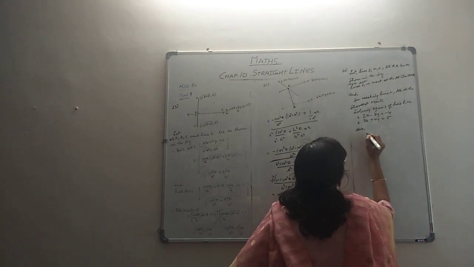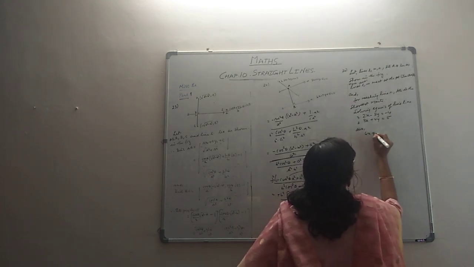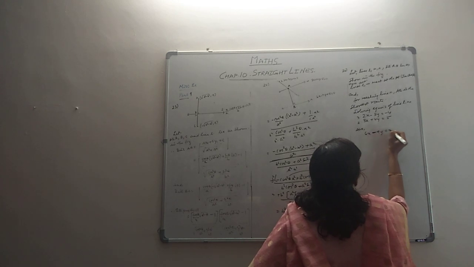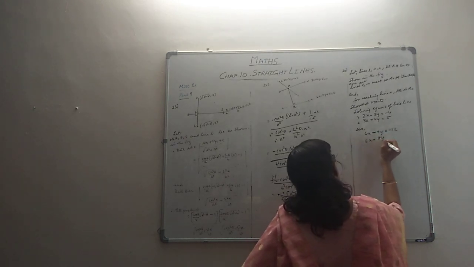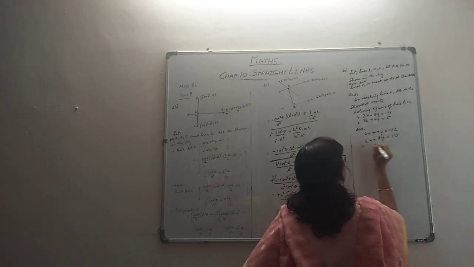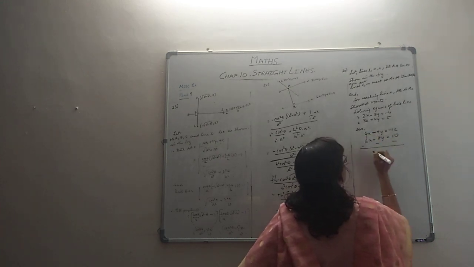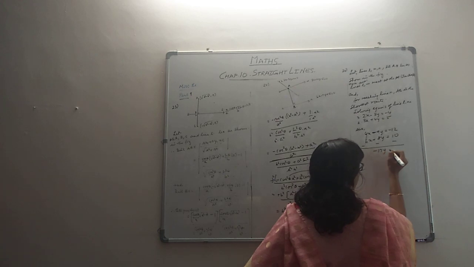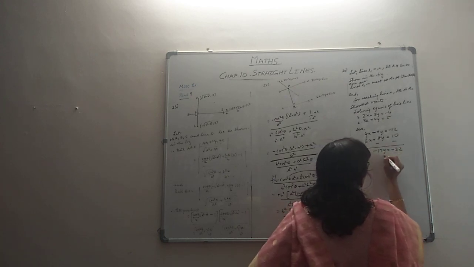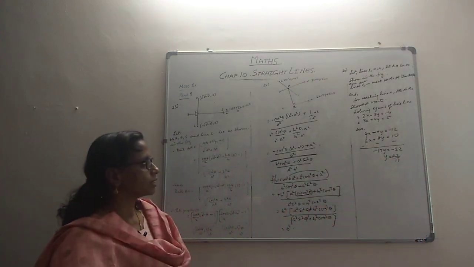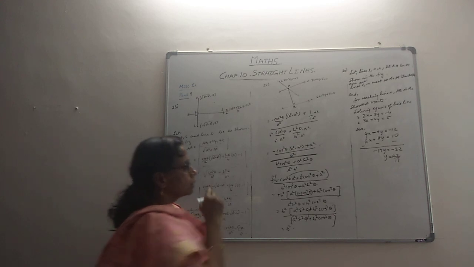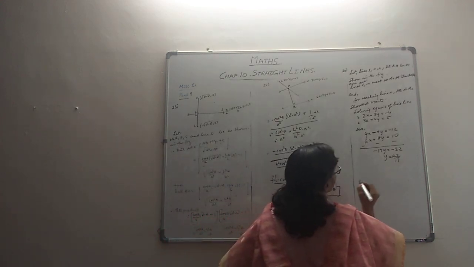Also this can become 6x minus 9y equal to minus 12, 6x plus 8y equal to 10, and then we can subtract. So minus 17y equals minus 22, y is 22 by 17. Get the y value. Now take the x value.